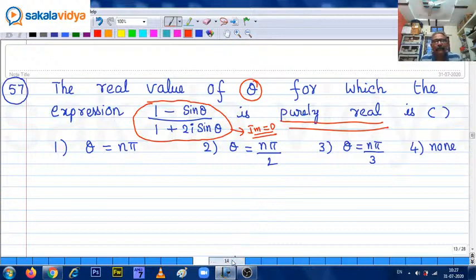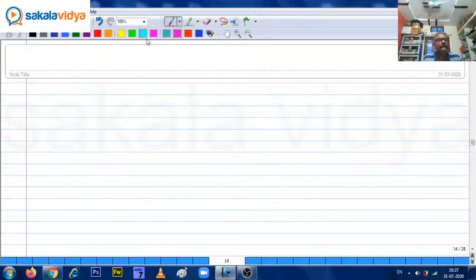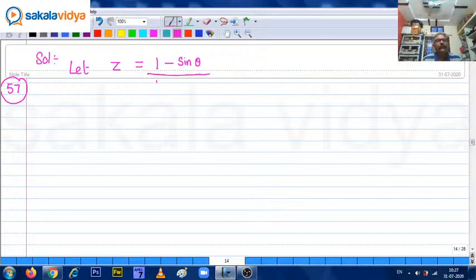57 solution. Let z equal (1 minus sin theta) upon (1 plus 2i sin theta). This we need to express in the form a plus ib.